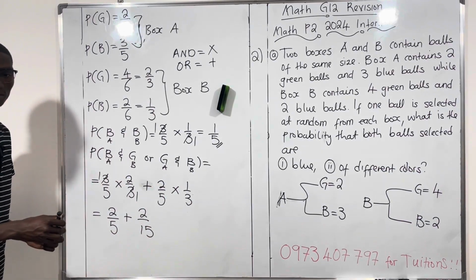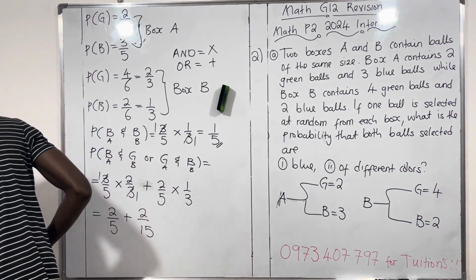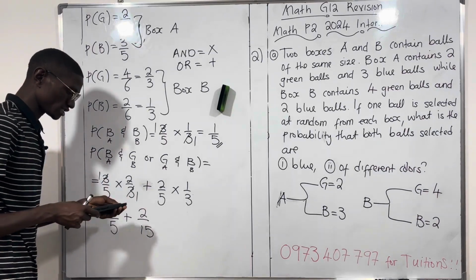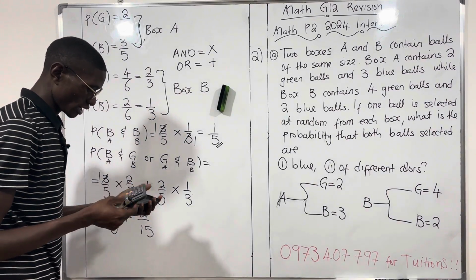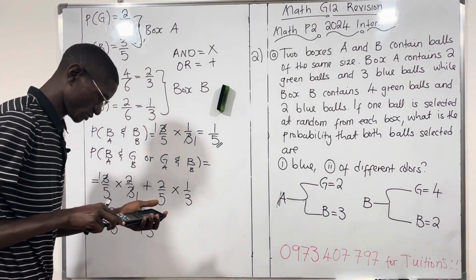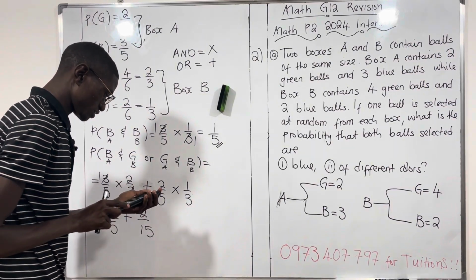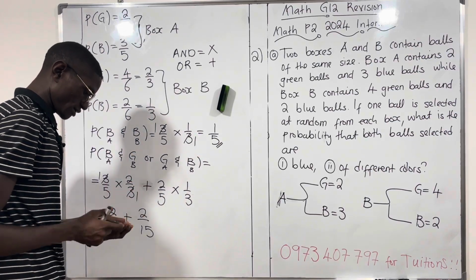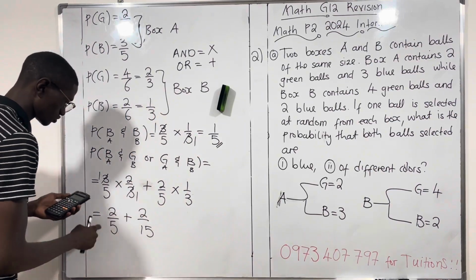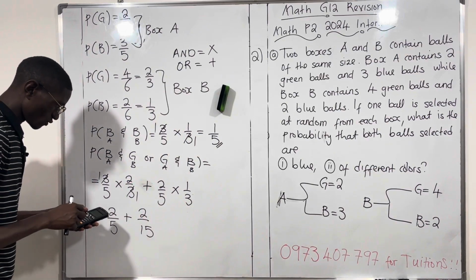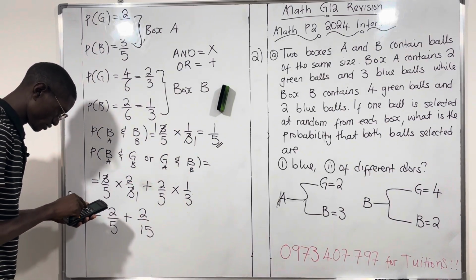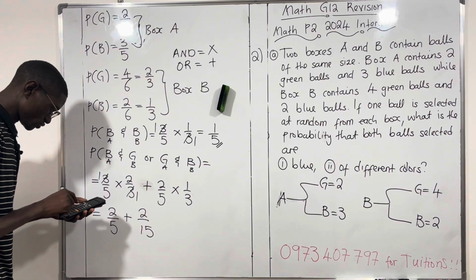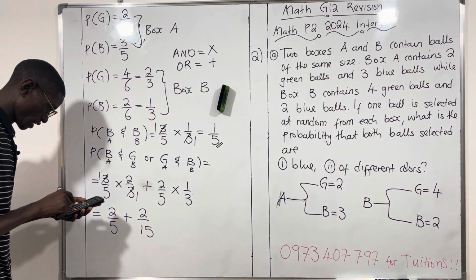At this point, I'll just use a calculator. Remember, this is paper 2. You're allowed to use a calculator and that will save you time. So don't try to solve questions mentally when you can easily compute them using a calculator. I'm simply going to say 2 over 5 plus 2 over 15. My calculator actually allows me to plug in these fractions the way they are.